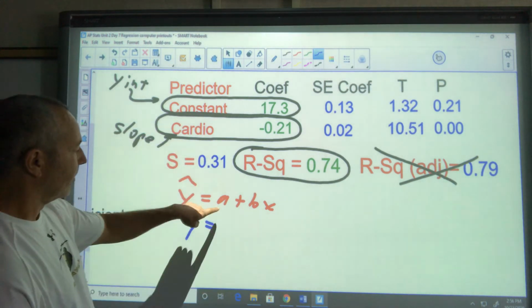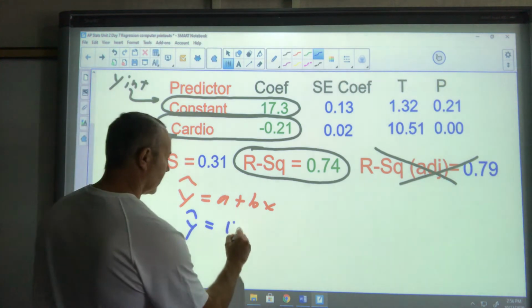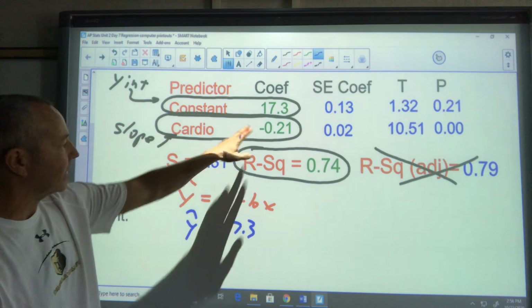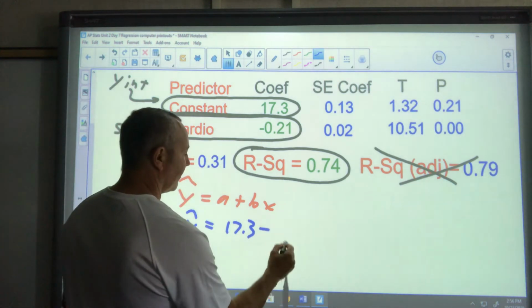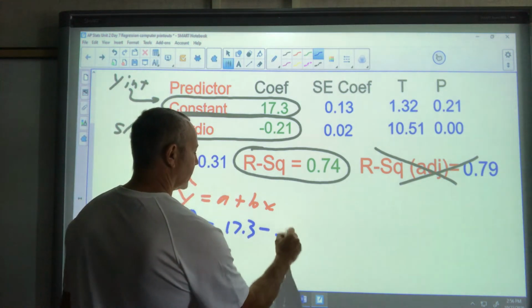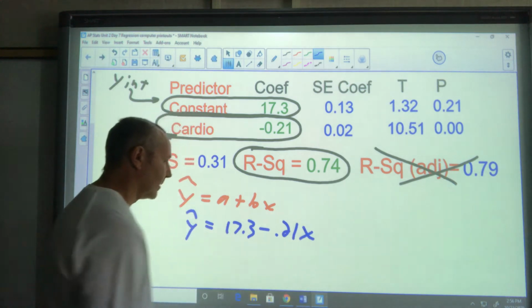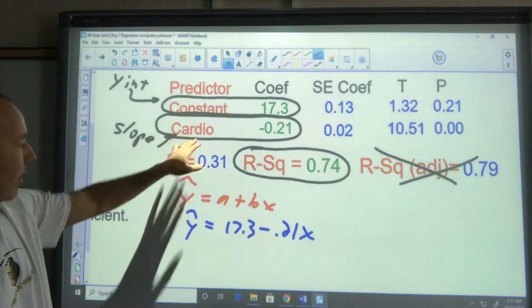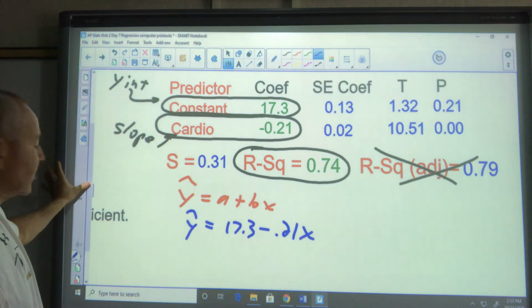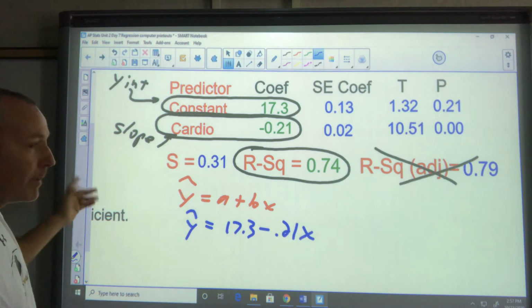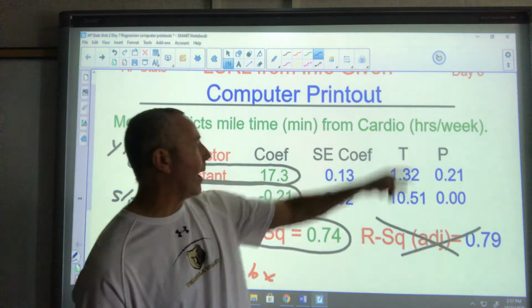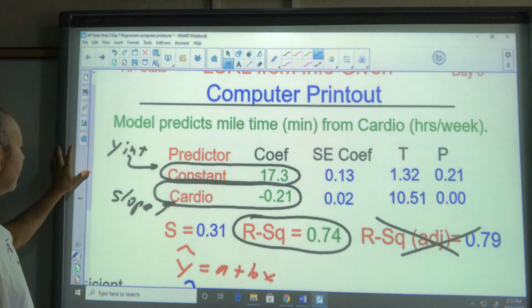My intercept, 17.3, plus or minus my slope; in this case it's negative, so negative 0.21x. We saw that x is right here, it's cardio. There are no units there, which is really important because it could be hours per day, minutes, whatever it is. Somewhere they have to tell you it's cardio in hours per week, and then we'll have our mile time in minutes.